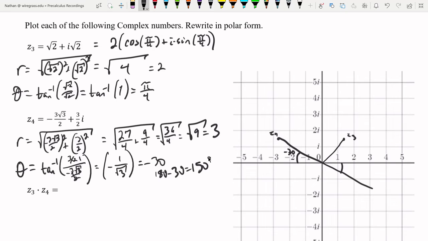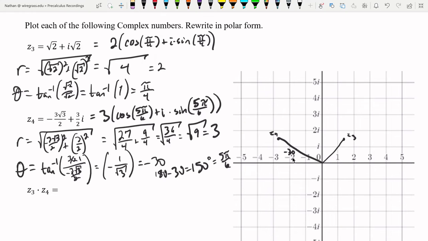So this is the same thing as 5 pi over 6. So Z4 is the same thing as 3 cosine 5 pi over 6 plus i sine 5 pi over 6 in polar coordinates.